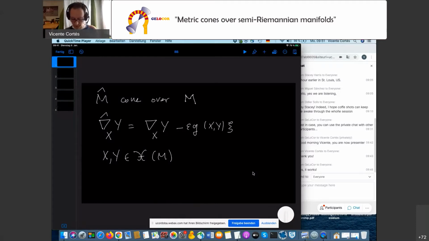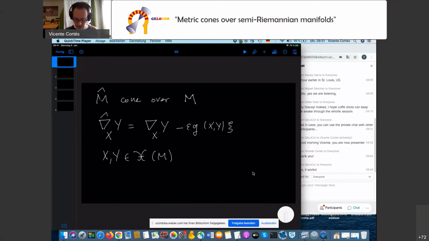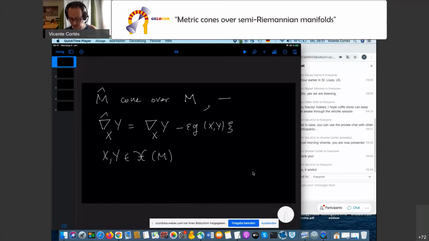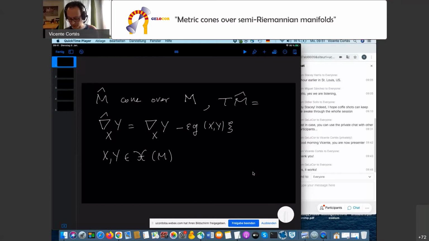And from this formula, you get nice formulas for the curvature. Also you can differentiate the Euler vector field. So you have the tangent bundle of the cone, which you can decompose into the line spanned by the Euler vector field plus the tangent space to M at every point.